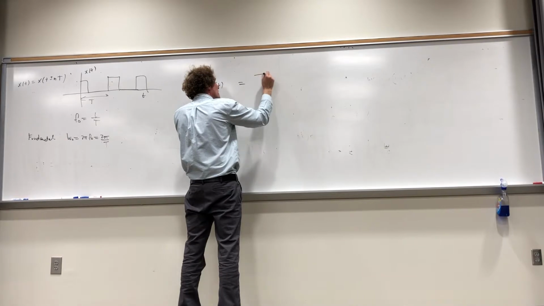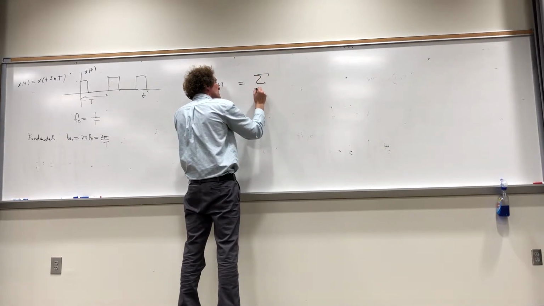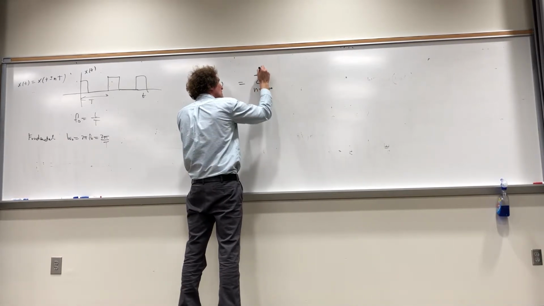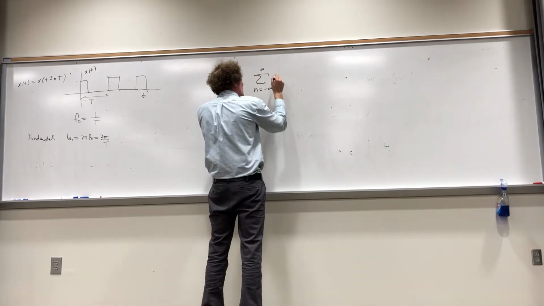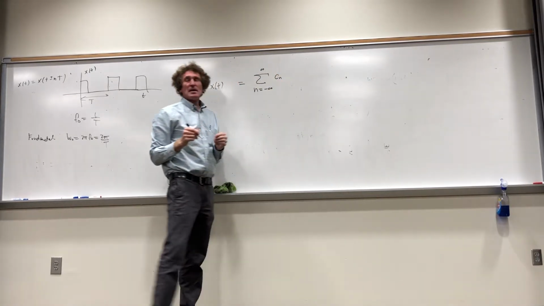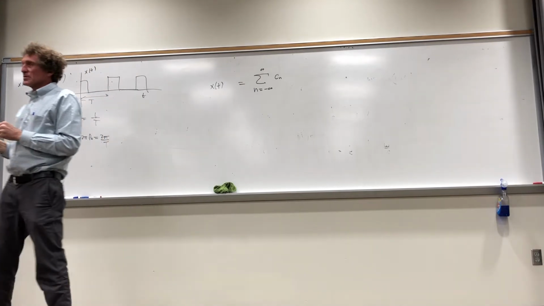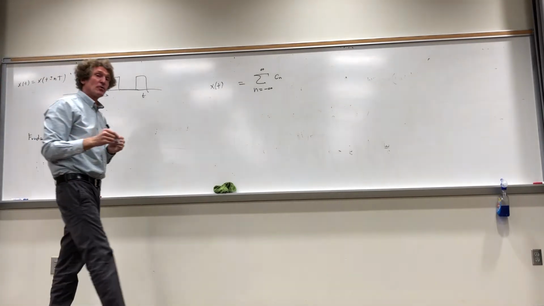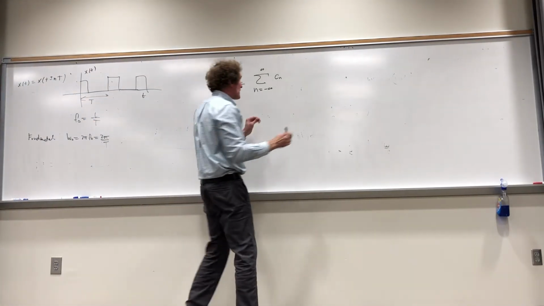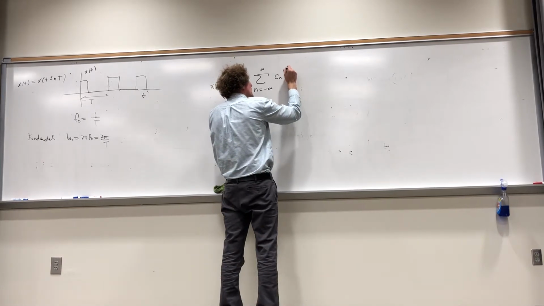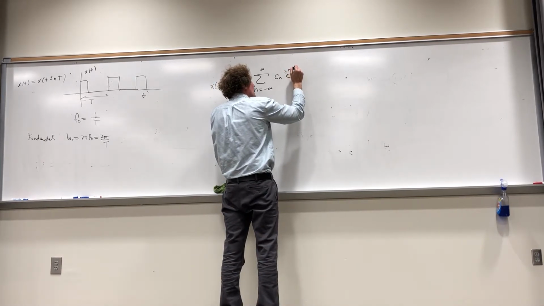Please write this down. As an exponential series from n equals minus infinity to plus infinity of some arbitrary constant c of n. Now that c of n is a complex number generally. It's not just a real number, right? It's complex. Times e to the j n omega naught t.